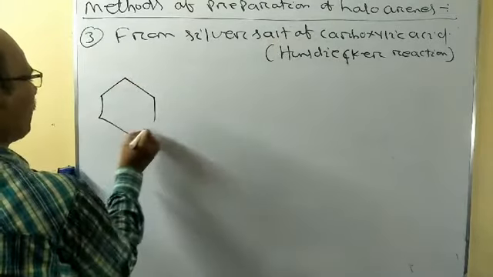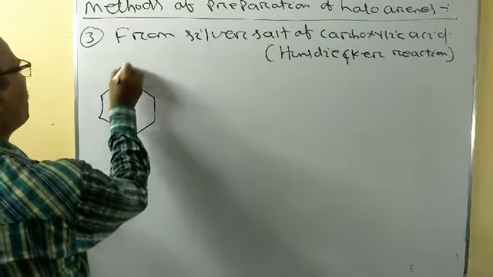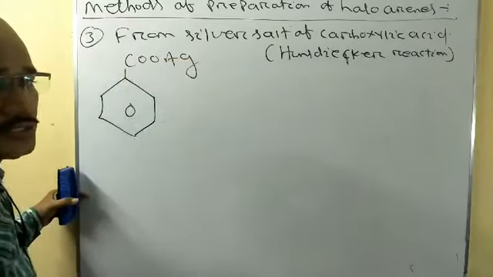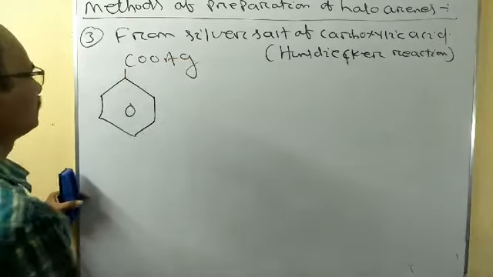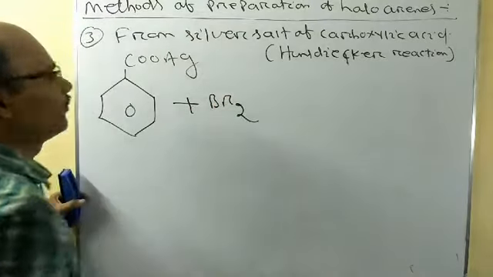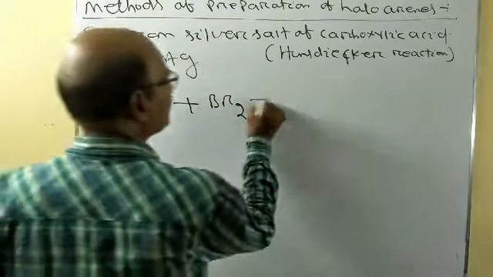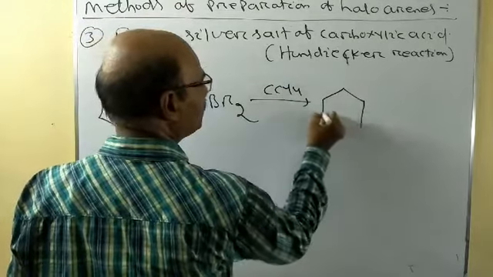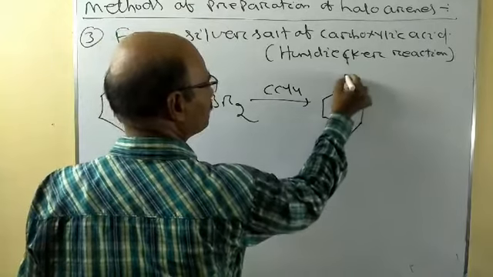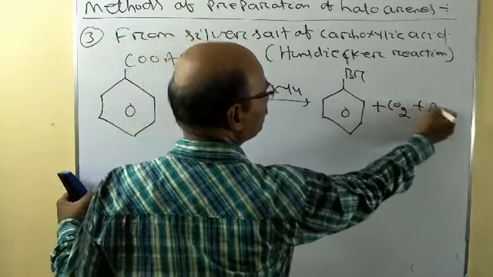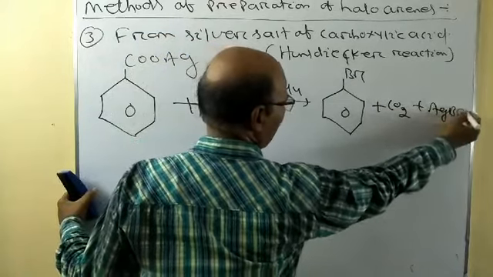Take COOAg, silver benzoate, plus Br2 in CCl4, we will get bromobenzene plus CO2 plus HBr.